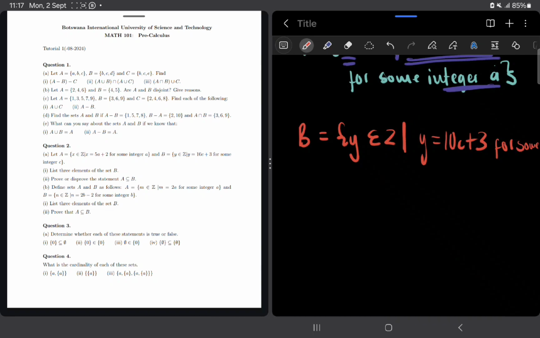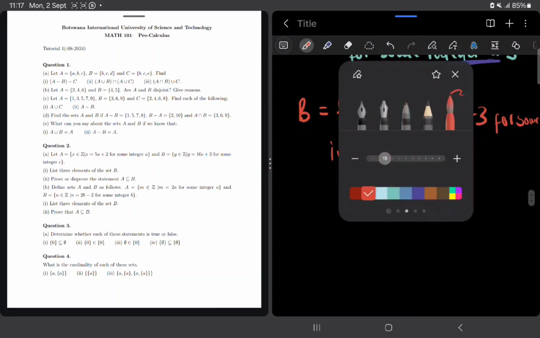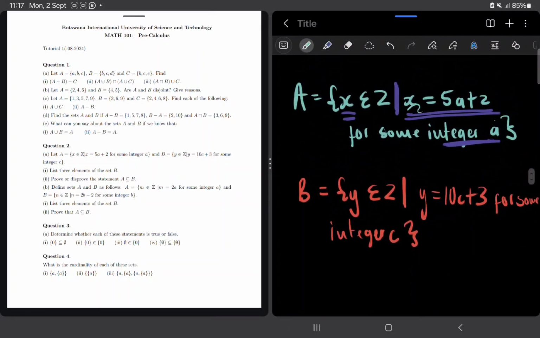If you take any integer and put it in as c here, the answer you get would be the things that qualify to be in B, because they will be Y's. So B is the Y's and A is your X's.